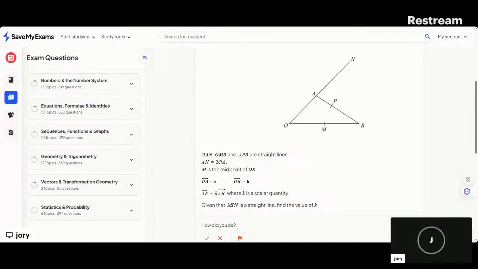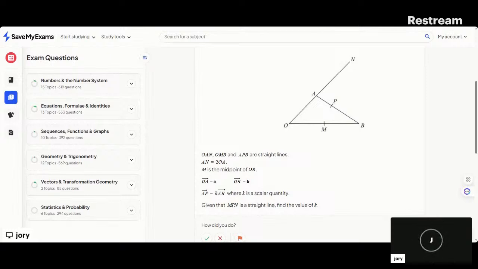Now I have AB, and I want to find the intersection, AP. Okay, I think I know where this is going. AP equals part of AB, which was K, so K of AB, which is BK minus AK.